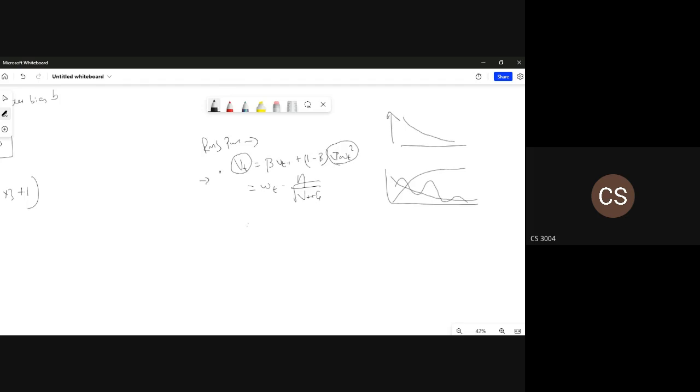That is true for RMS prop, but in Adagrad there is no chance. The effective learning rate of Adagrad always keeps decreasing, but in RMS prop it could increase. Got it, sir. Yeah.